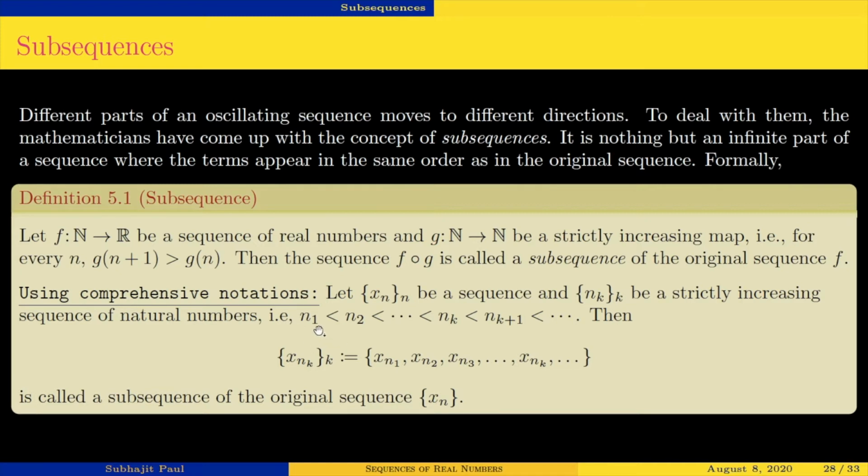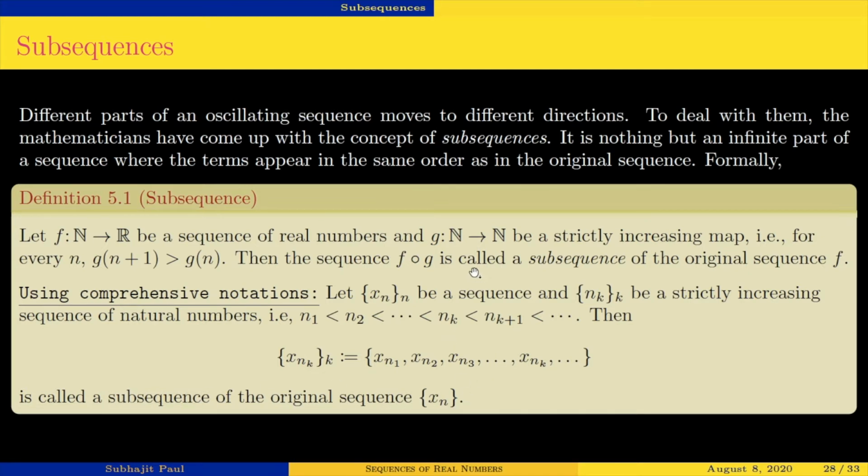That is, N1 is strictly smaller than N2, which is strictly smaller than N3, and so on. Then this Xnk, where the sequence is varying over k, that is Xn1, Xn2, Xn3, Xnk, going on, is called a subsequence of the original sequence.